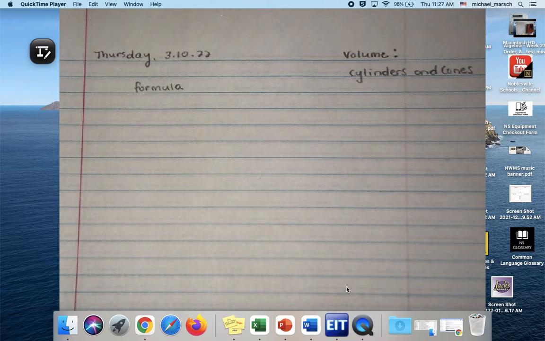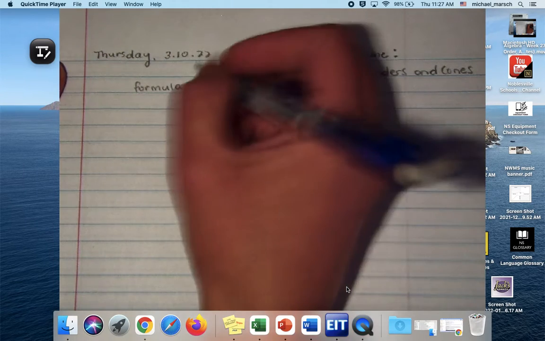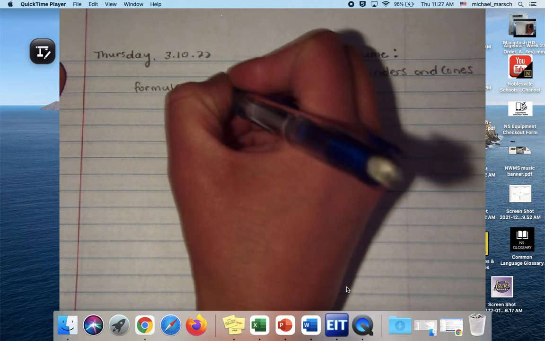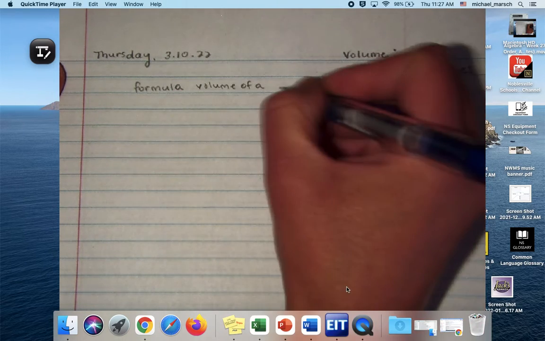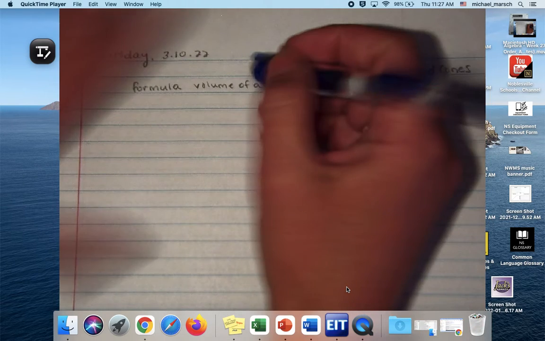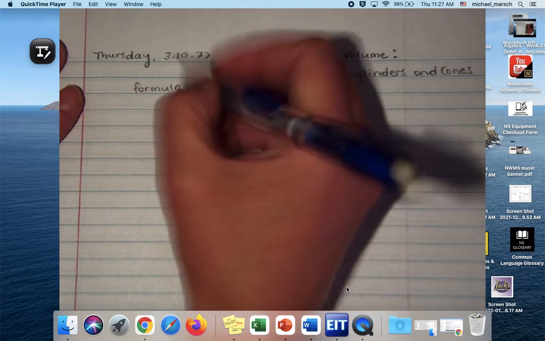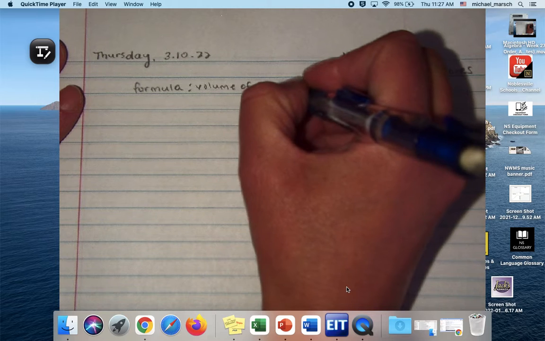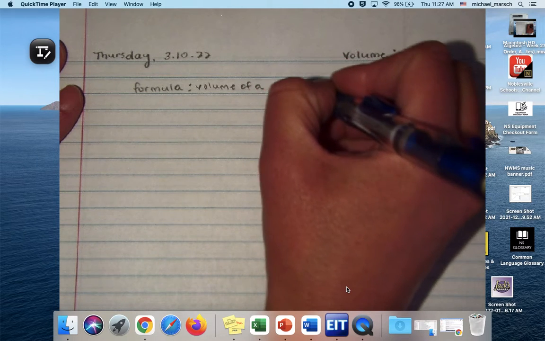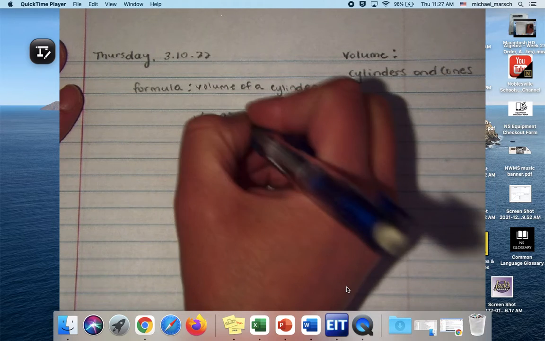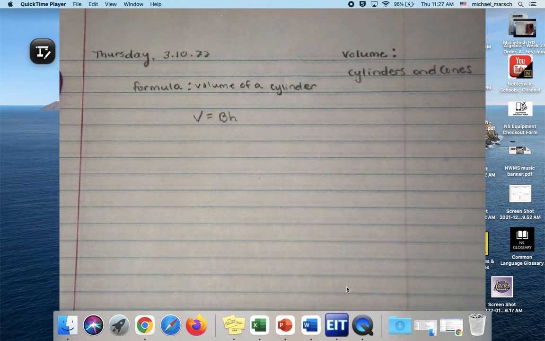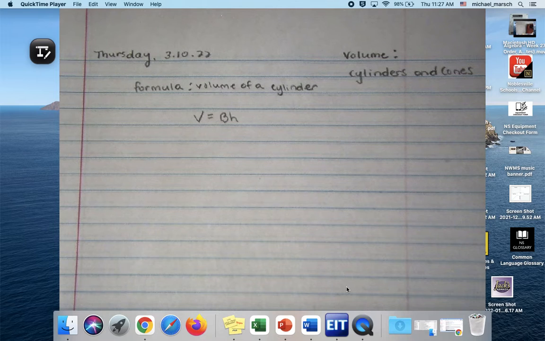So volume, the formula for the volume of a cylinder is V equals capital B times H. And it does matter that you use a capital B versus a lowercase b.